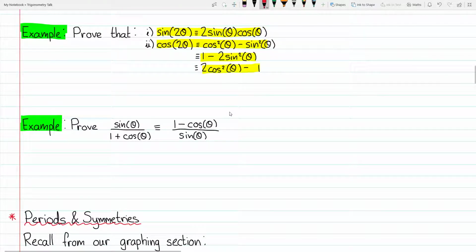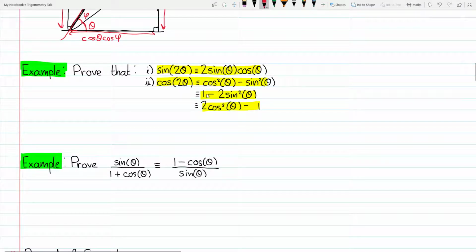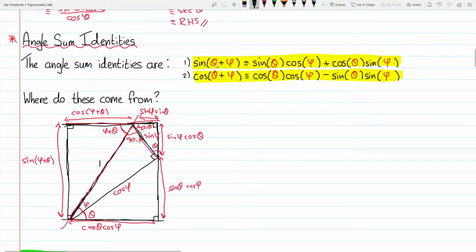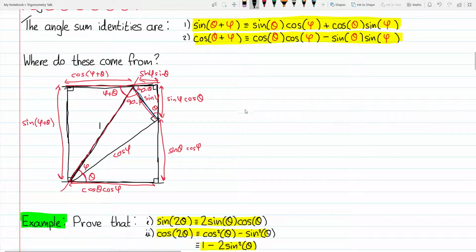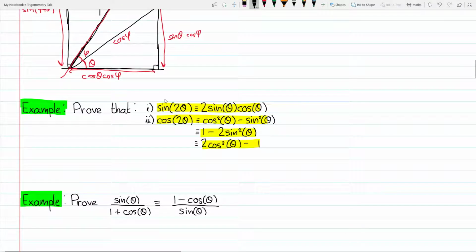And so I've got some more proofy questions. These first ones, I might do the top one, and I'll leave it to you to check if these are true, but it's a direct application of these. So if we look at the first one, sine of 2 theta, well, sine of 2 theta is equal to sine of theta plus sine of theta.